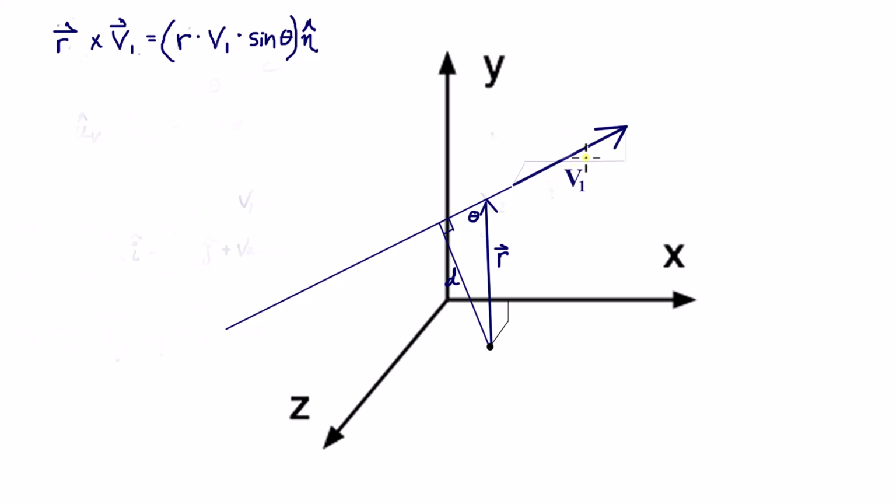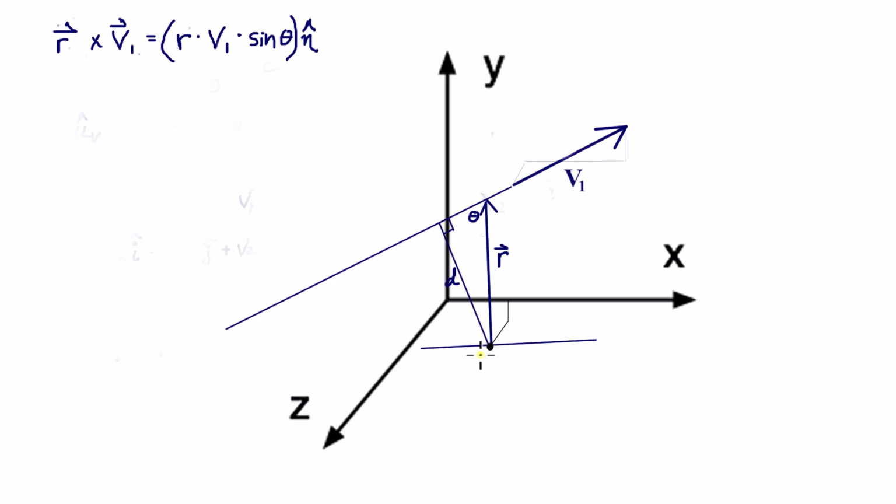What axis is V1 causing rotation about? It's the axis that's normal to the plane that contains R and V1. I know this is kind of hard to visualize, but imagine this axis is perpendicular to the plane containing R and V1. So V1 is causing rotation about this axis.